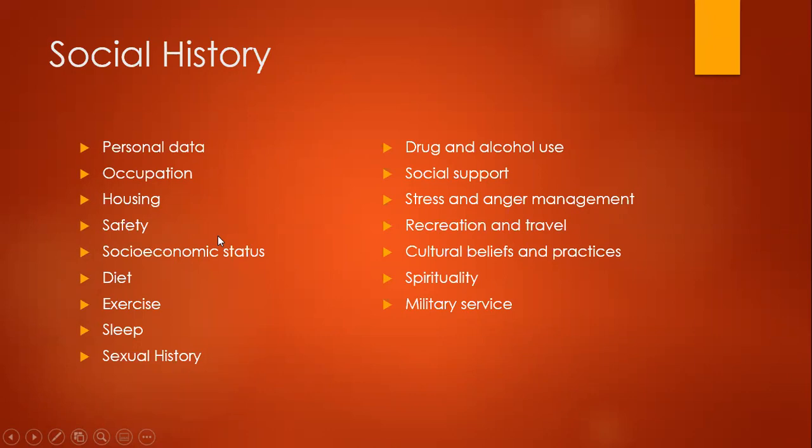If many people live in a small area, there is a chance to develop contagious diseases like tuberculosis, impetigo. Diet: what kind of food habit? If the patient takes too much lipid-containing food, there is a chance to develop atherosclerosis, right? We have to evaluate exercise, sleep pattern, also sexual history.